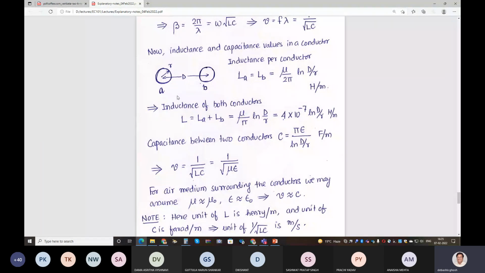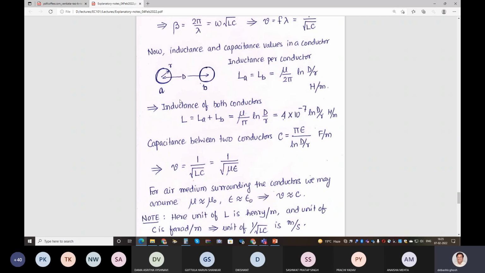Now, that is the case why I have taken V approximately equal to C. If we assume that this is in air, with no dielectric or anything in between the conductors, so the transmission line is just in the air, in most cases we consider that mu and epsilon of the air are somewhat equal to free space.